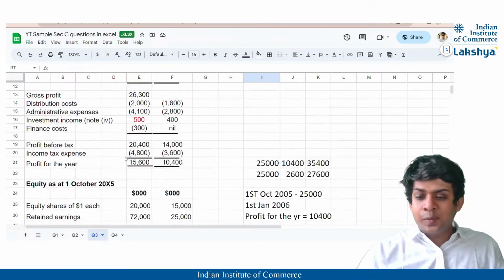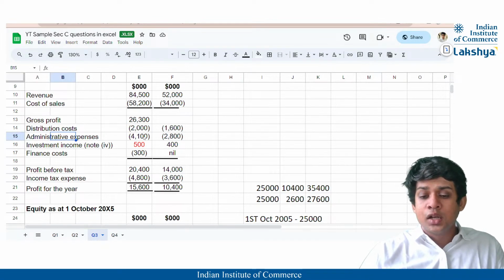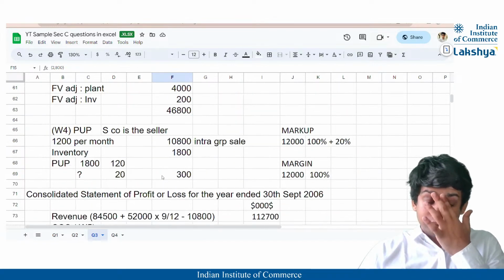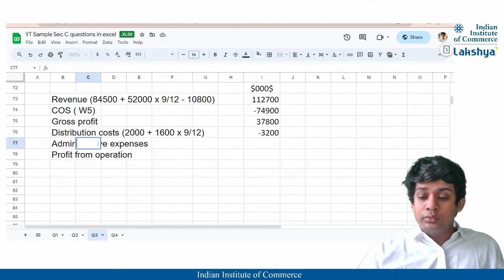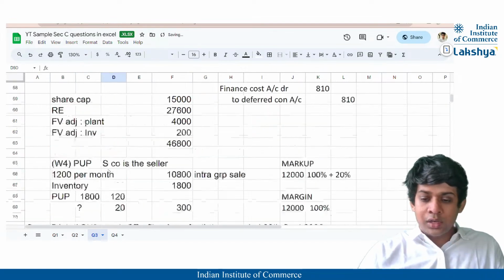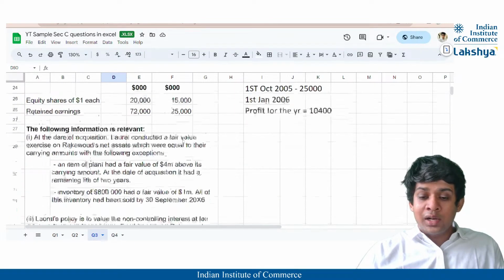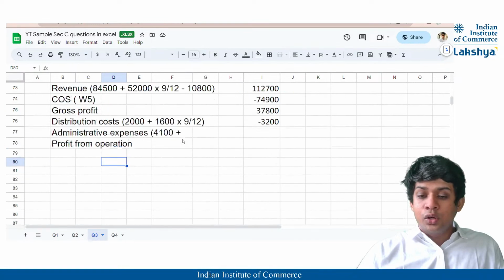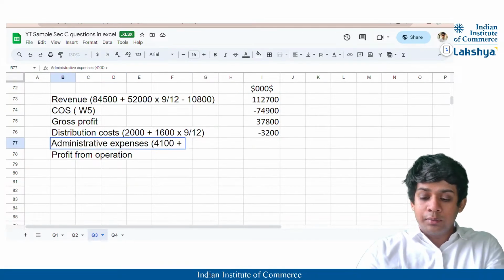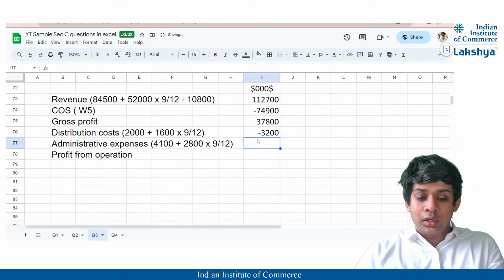Same thing for administrative expenses. There is no impairment, so I don't think there is any other adjustment to administrative expenses. 4,100 and 2,800 into 9 by 12, correct?